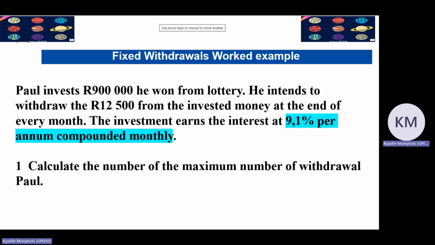So we are calculating the maximum number of Paul's withdrawals. How long will Paul survive with the 12,500 that he draws every month? So we calculate the number of withdrawals.